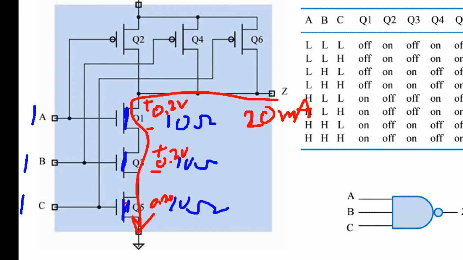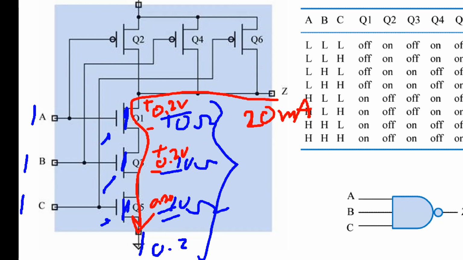Now if I add transistors, for example 10, the voltage drop across these 10 transistors becomes what? 0.2, 0.2, 0.2 for 10 transistors. That means the voltage now becomes 2 volt across all of this.